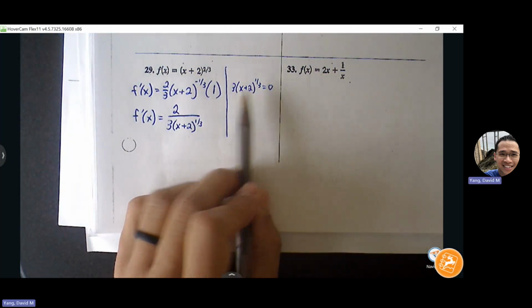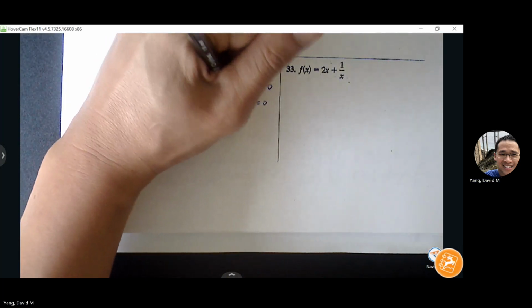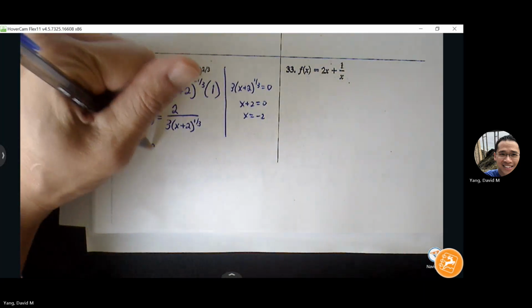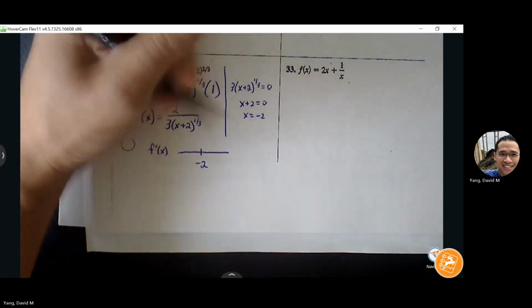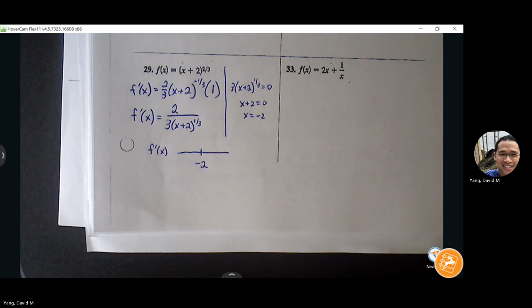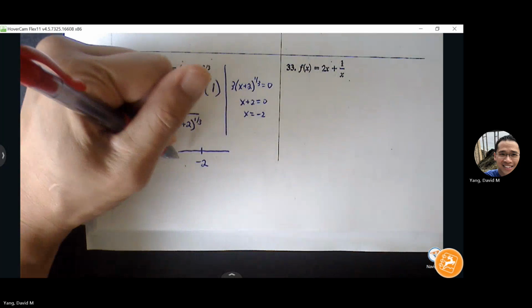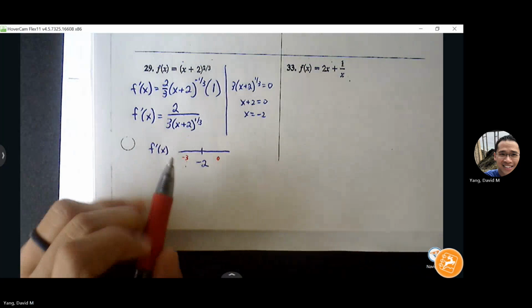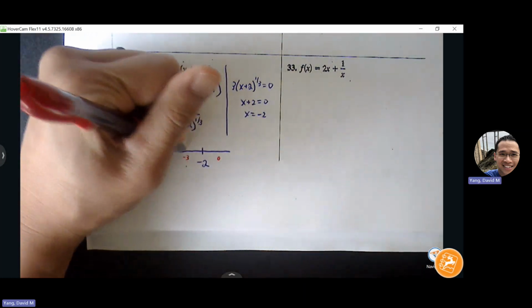Okay, divide by 3, cube both sides. -3, and for x, cube root of a negative is negative, so positive of negative is negative.